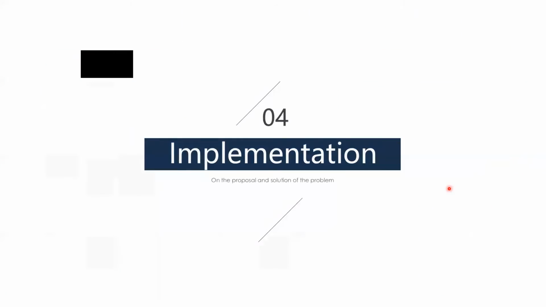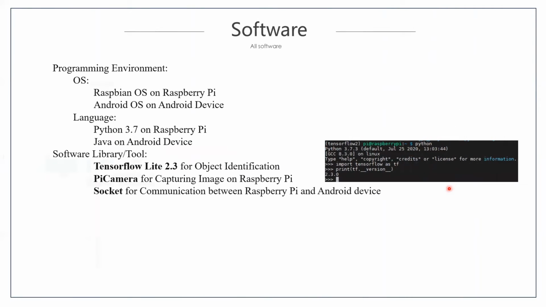Next is the implementation of my project Skills Plus. At first, I would like to talk about the software. The Raspbian operating system was installed on the Raspberry Pi and the Android operating system on the Android device. I use Python to do the programming on the Raspberry Pi and Java to develop the Android app on the Android device.